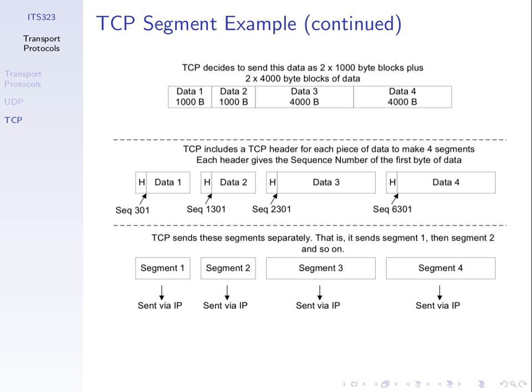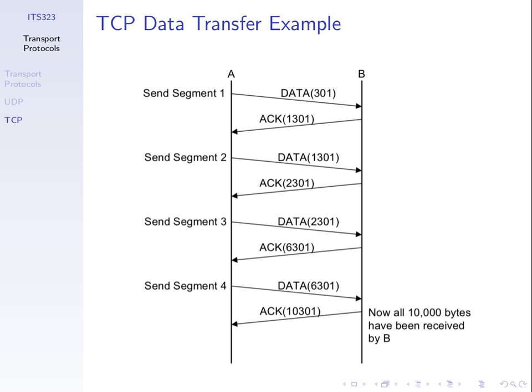Do we have a diagram that shows that? Here. This shows just the data transfer. I've drawn the first two, the data, the ACK, the data, and the ACK, and then the last two. So the third segment, sequence number 2301, contains 4,000 bytes of data.